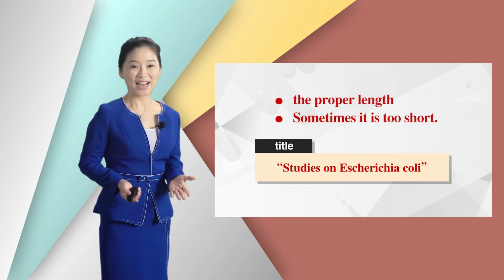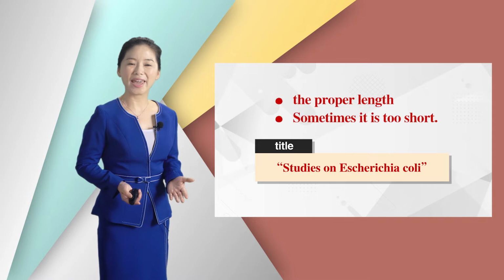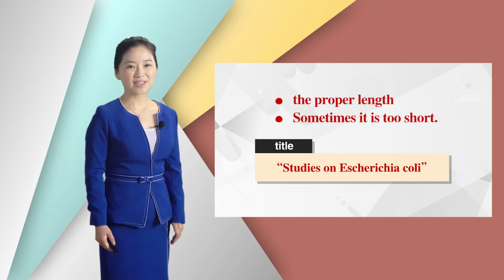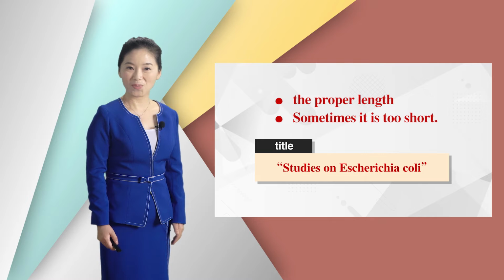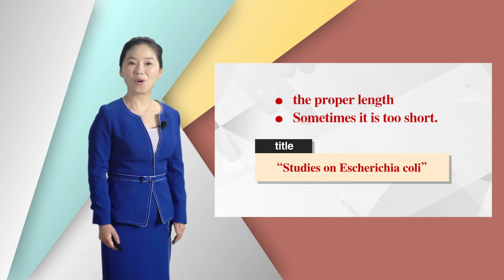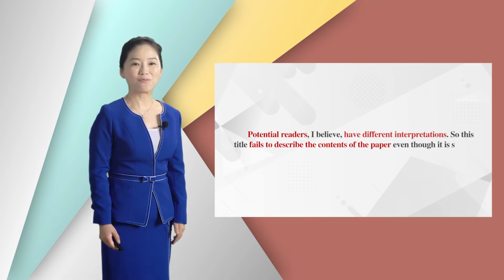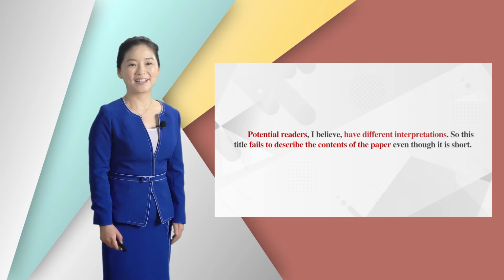What do you think of the title? Do you know its core? Whether study, taxonomic, 分类学, genetic, biochemical, or medical. Potential readers, I believe, have different interpretations. So, this title fails to describe the contents of the paper, even though it is short.